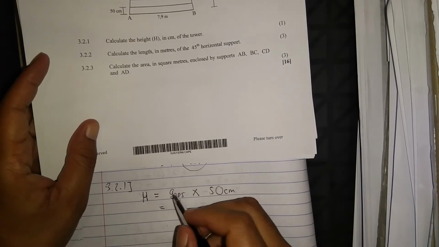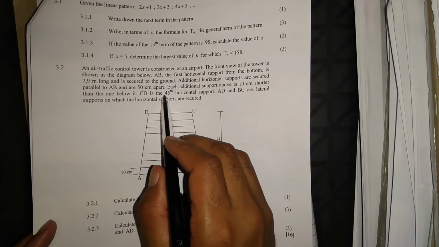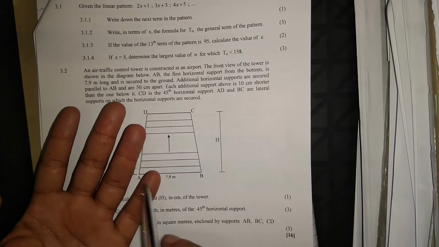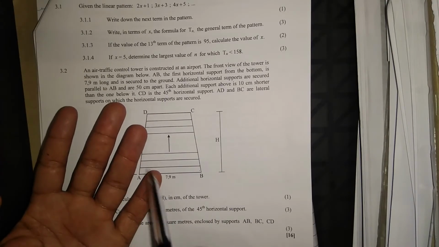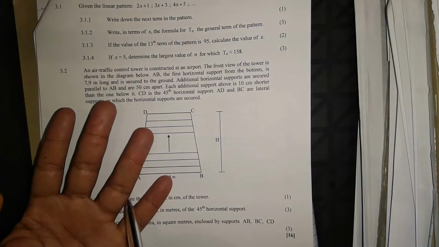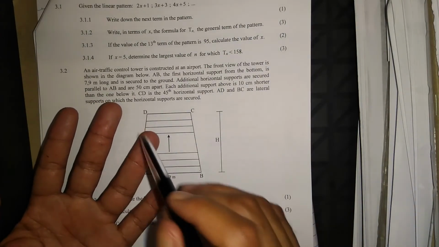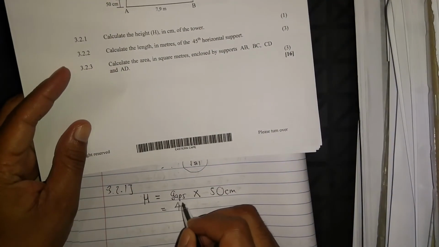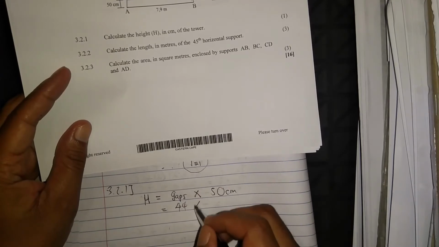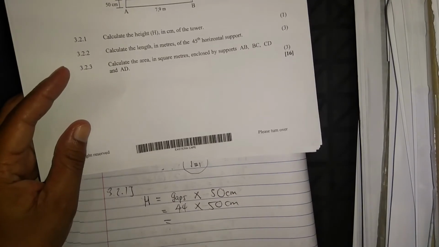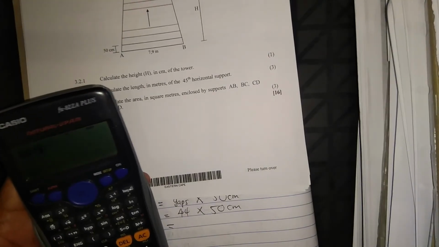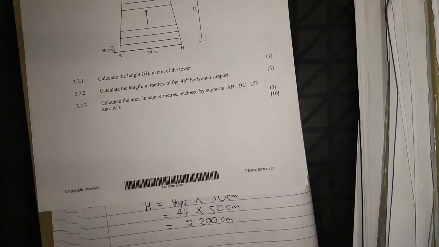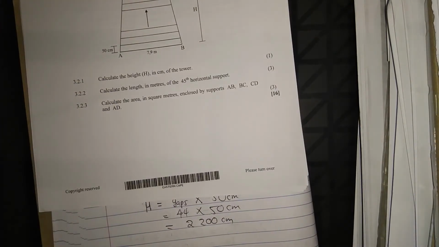The number of gaps is equal to the number of supports subtract 1. With 4 supports, how many gaps? 1 2 3. So the number of gaps here is 44 because there are 45 horizontal supports, times 50 centimeters is equal to 44 times 50, which is 2,200 centimeters. Right.